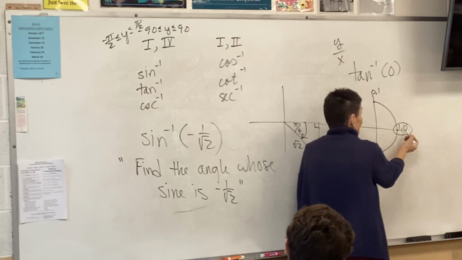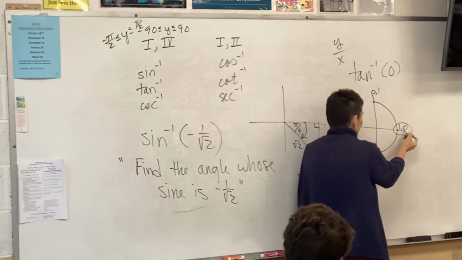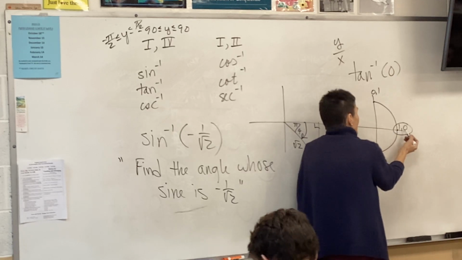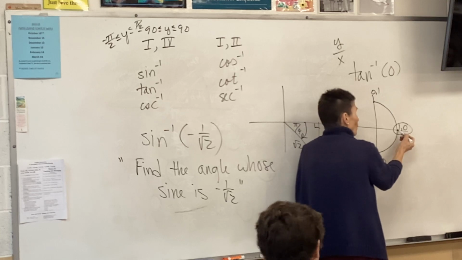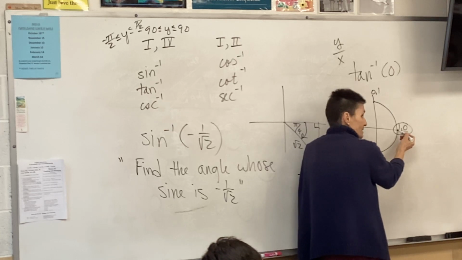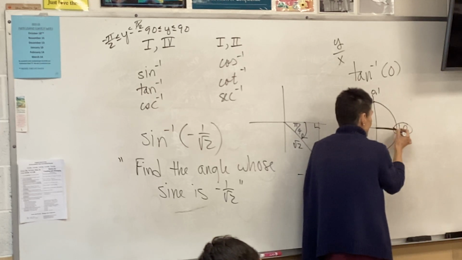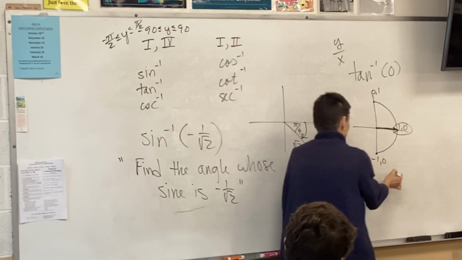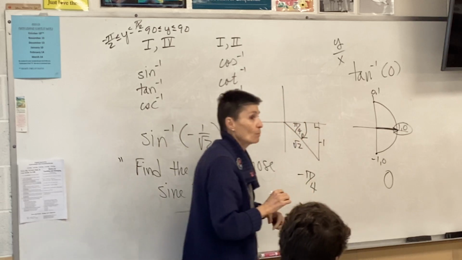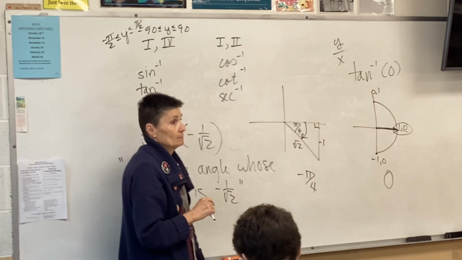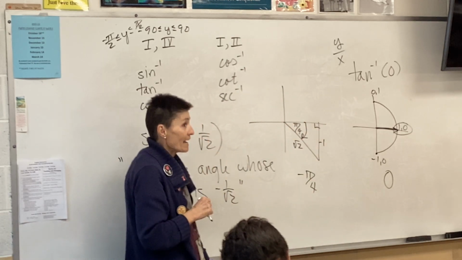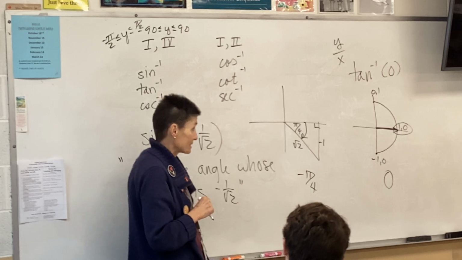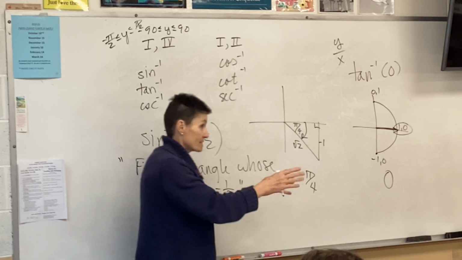I labeled my 2 points wrong. So 0 over 1 is 0. What angle is this right here? 0. So the answer to the problem is 0 radians. The angle whose tangent is 0 is 0.